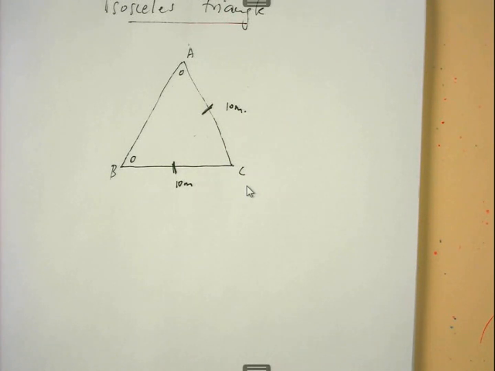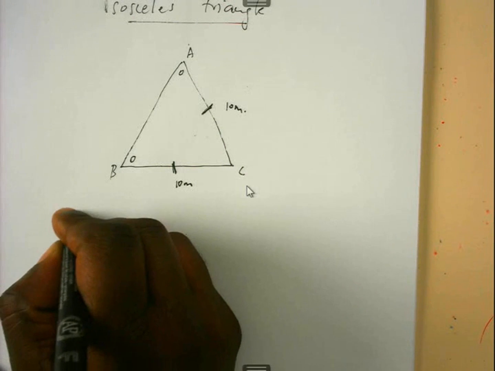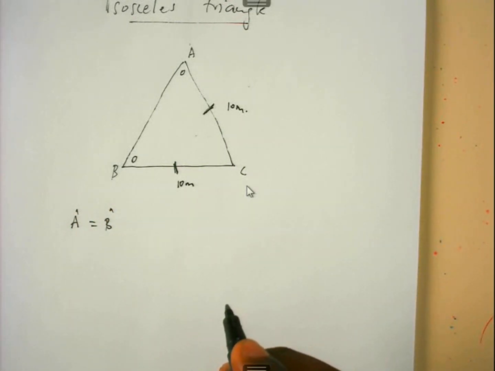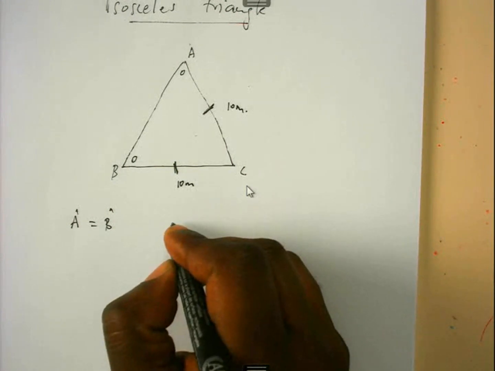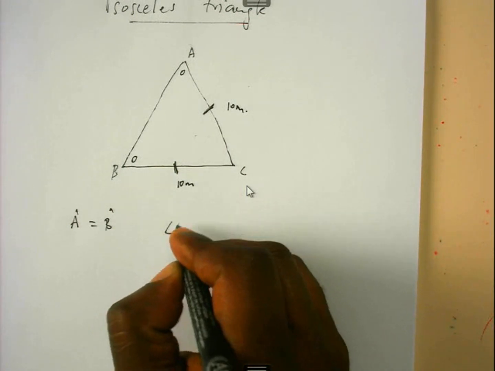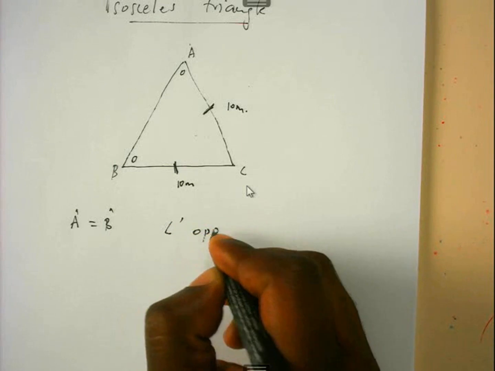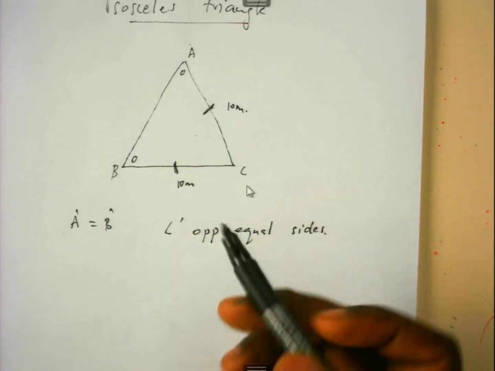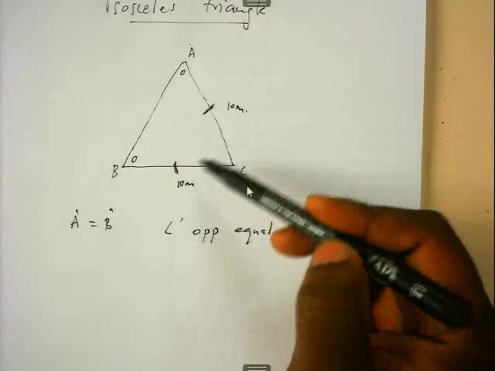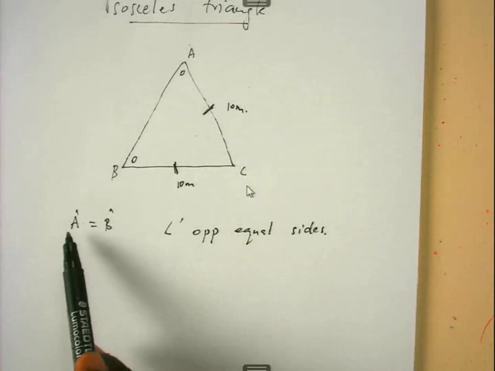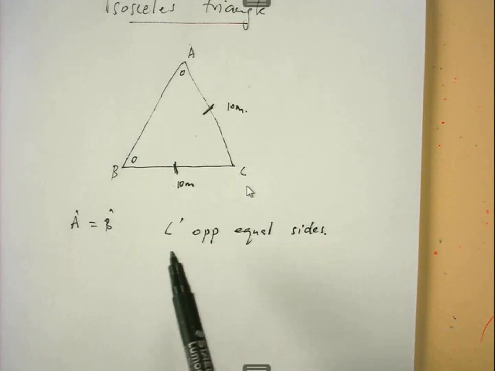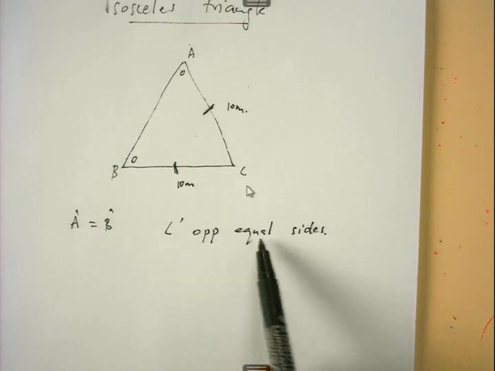And in that case, it means that angle A will be equal to angle B. Why is angle A equal to angle B? Because these are angles opposite equal sides. Once we have a triangle like this, where the sides are equal, then we can say angle A is equal to angle B, because these are angles which are opposite equal sides.